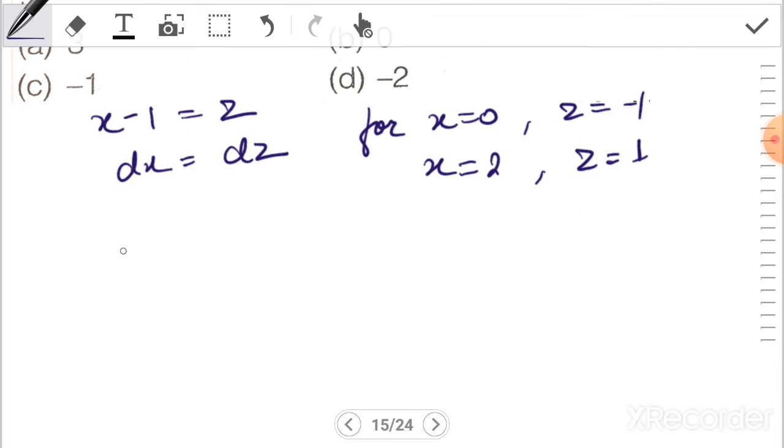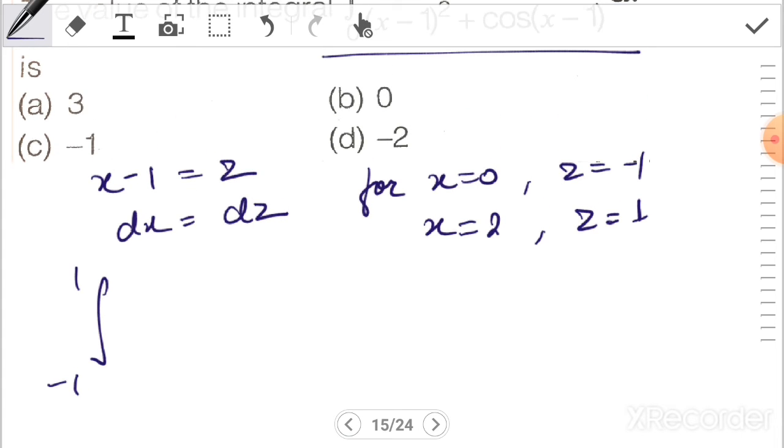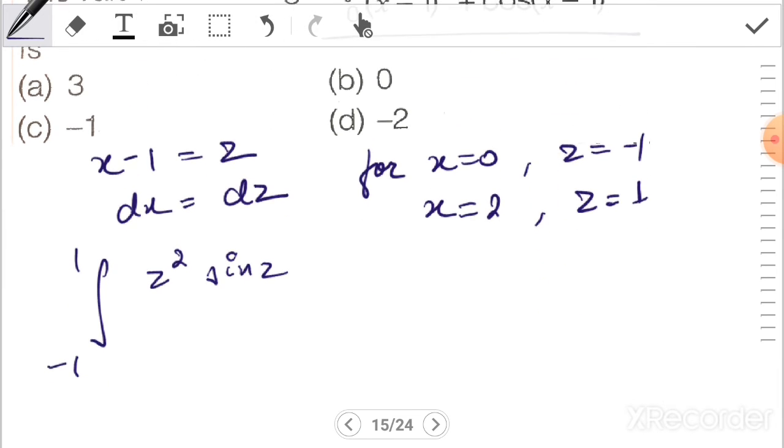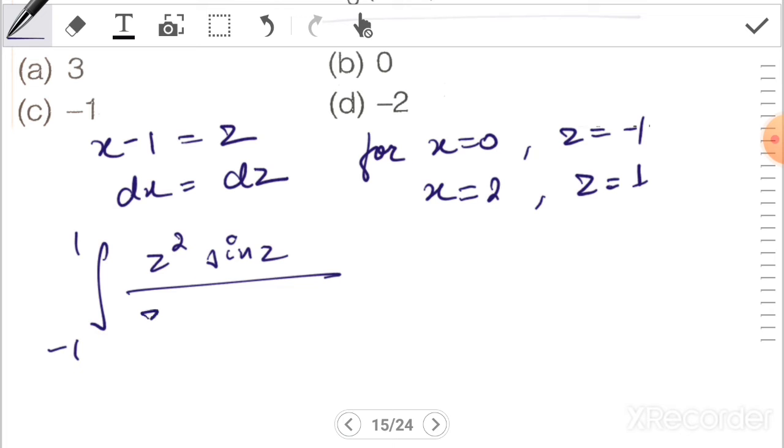Okay, so now this reduces to minus 1 to 1 z square sin z square plus cos z.